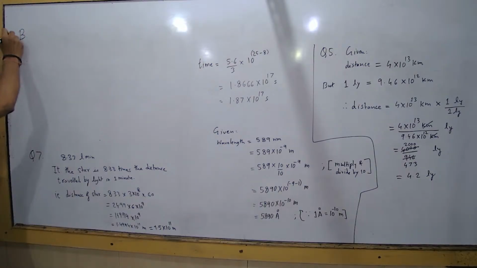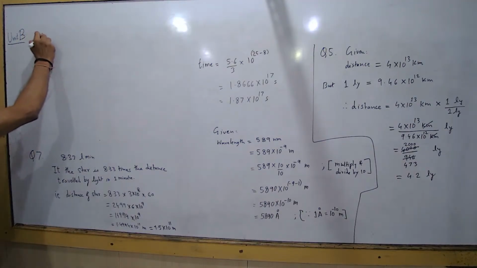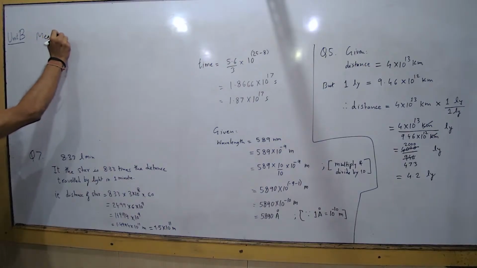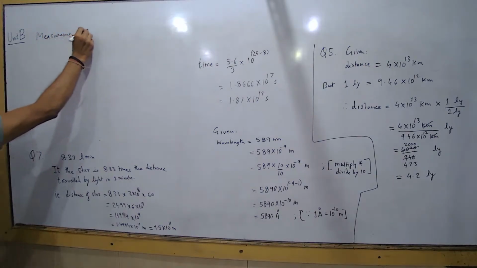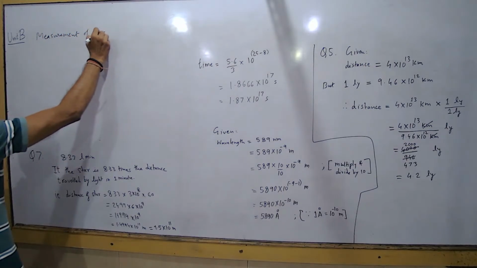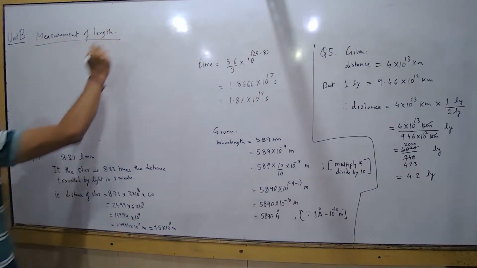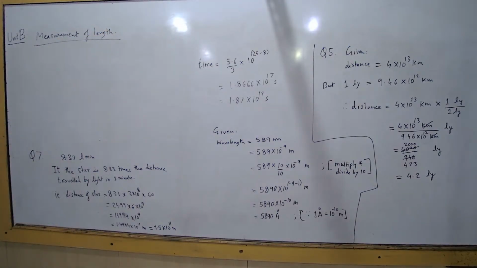So unit B, actually chapter 1 unit B, is about measurement of length. How do we measure length? Through a measuring scale, right?